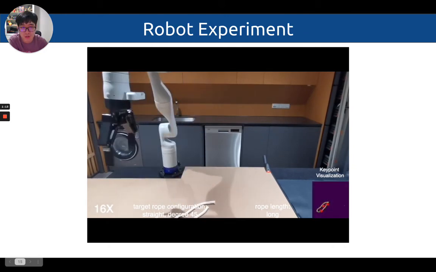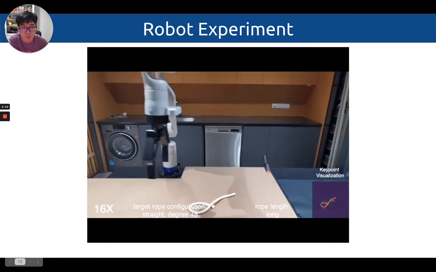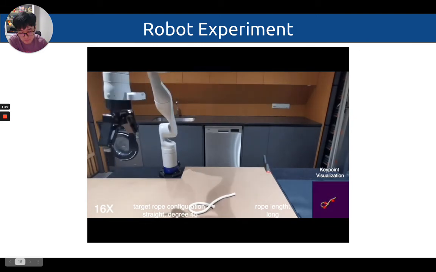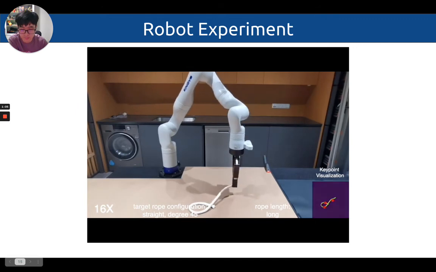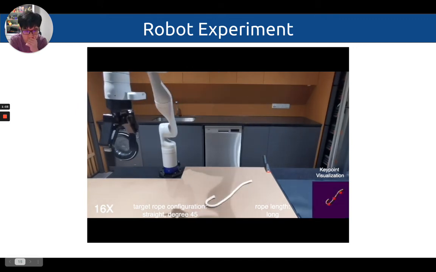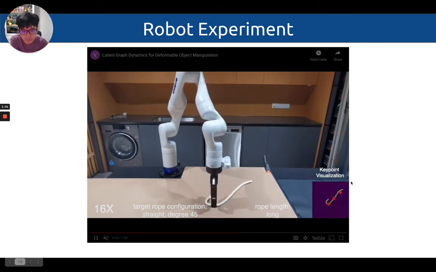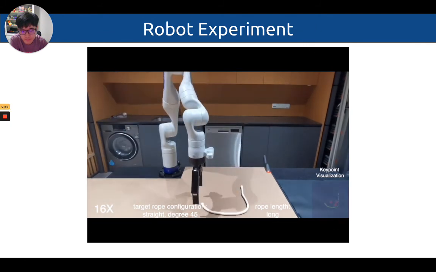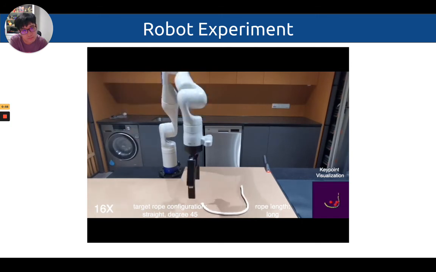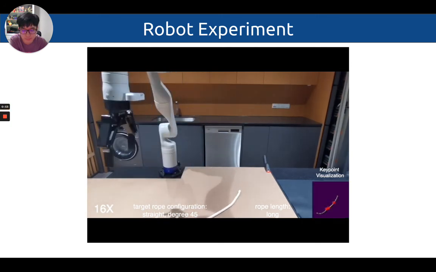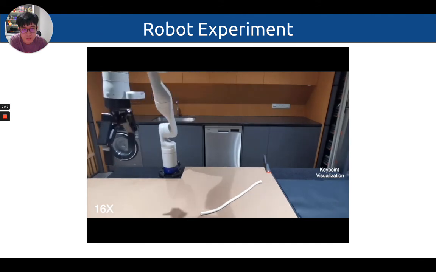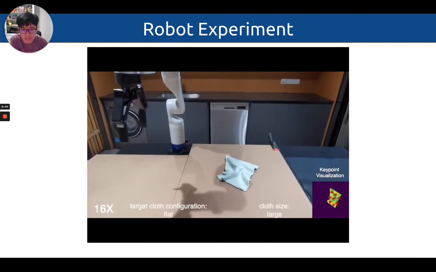Our trained model successfully straightens a rope and repositions it with an orientation of 45 degrees. In addition, it is also able to flatten a piece of cloth with only 4 steps of actions.